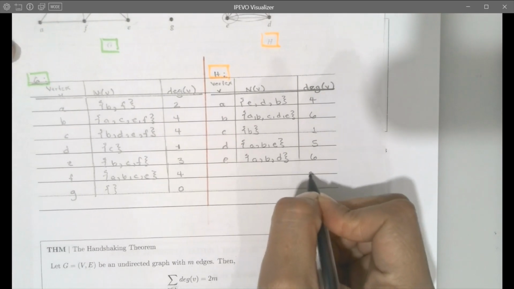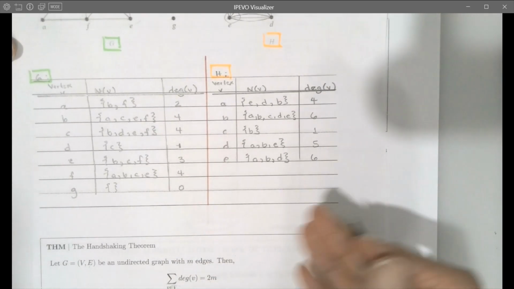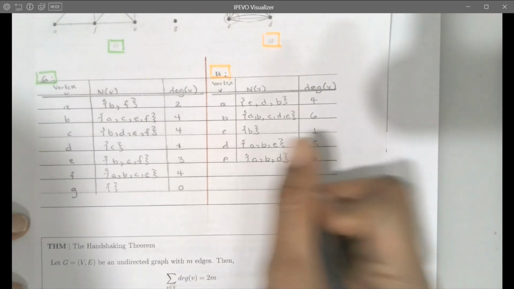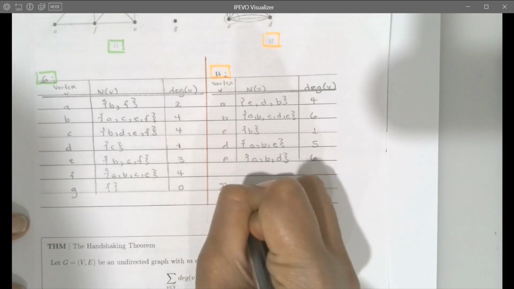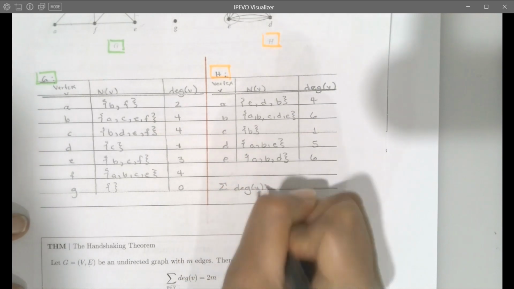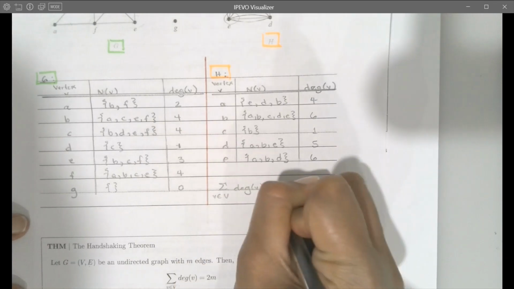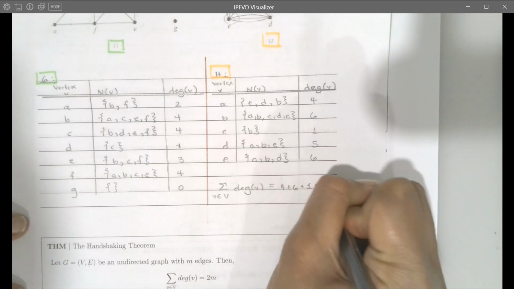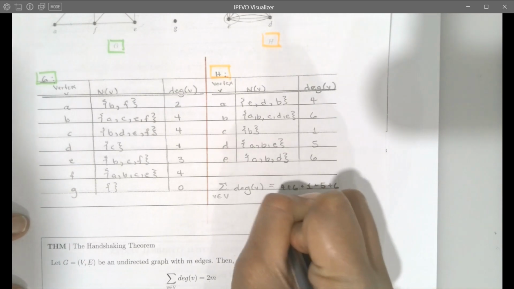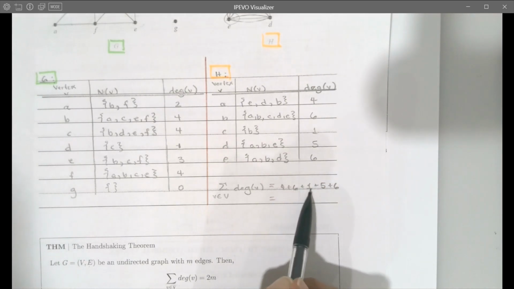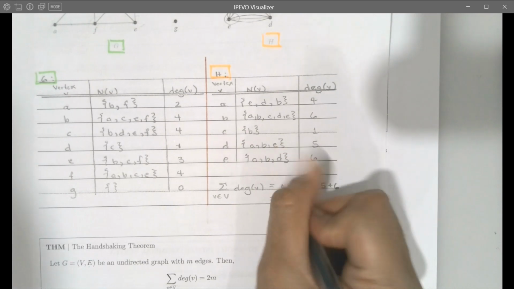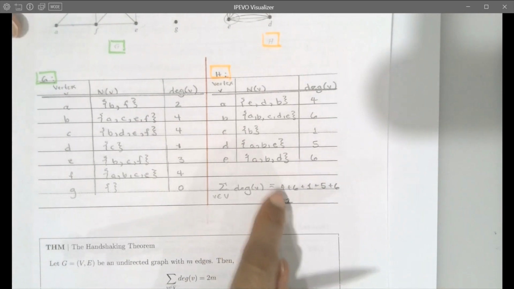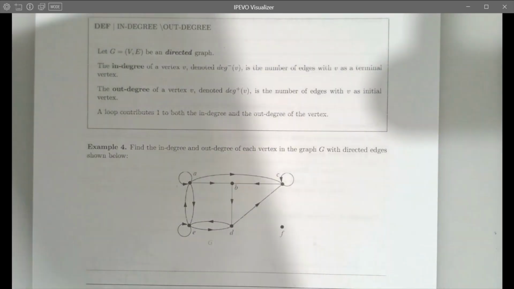So the sum of the degrees of nodes in V is going to be the sum of 4 plus 6 plus 1 plus 5 plus 6. So that's a 10, 11, 16, 22. So we're going to transfer this result over to the back.